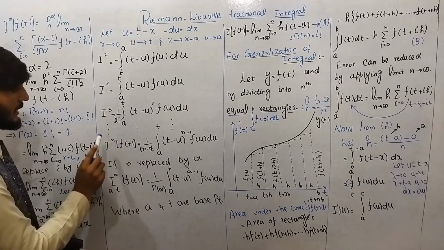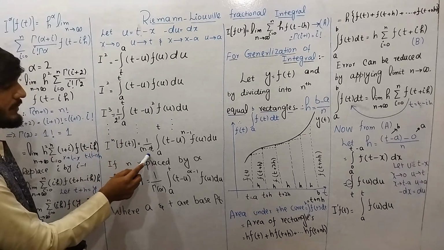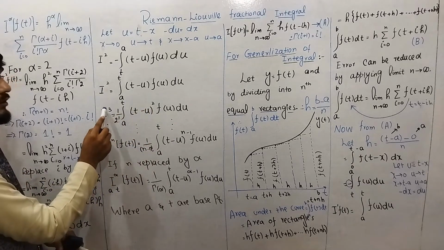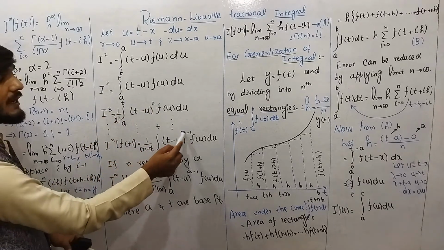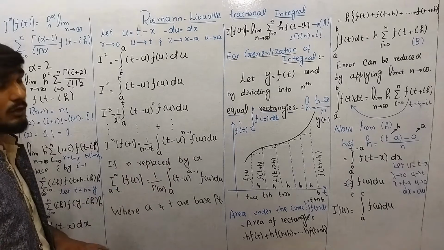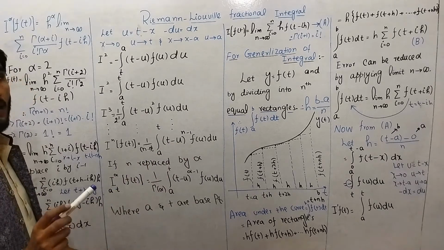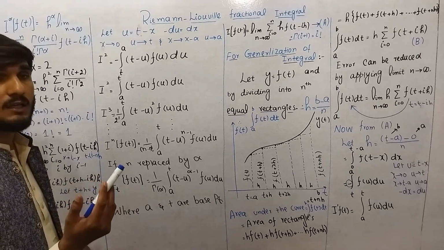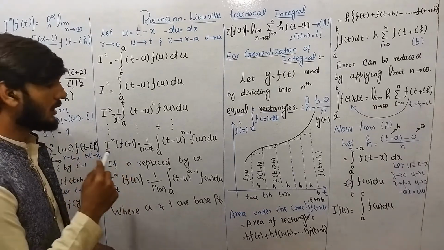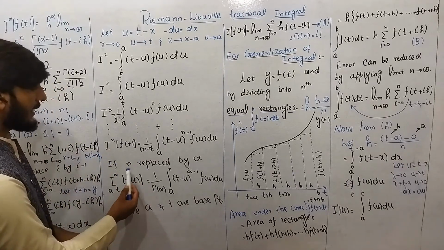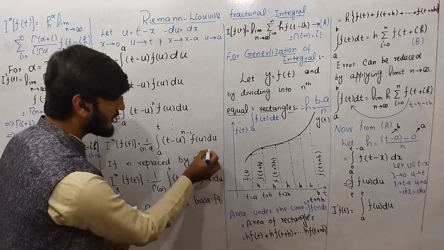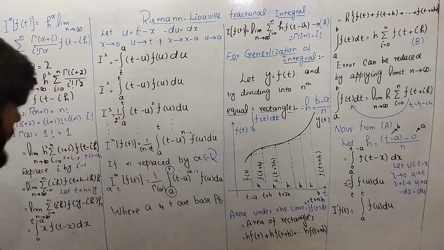So if the order of the integral is n, the factorial will be (n minus 1) factorial. And the power is also less than the order of the integral by 1, so the power will be n minus 1, f of u d u. As we are working on fractional calculus, we need to find the integral of arbitrary order. So we replace n by alpha, which may be a real number.